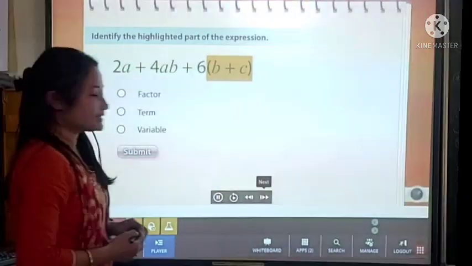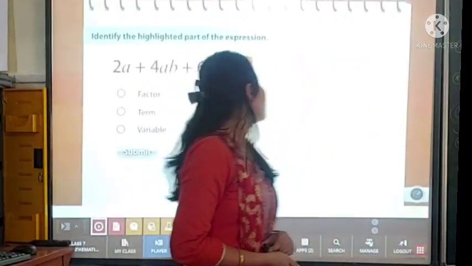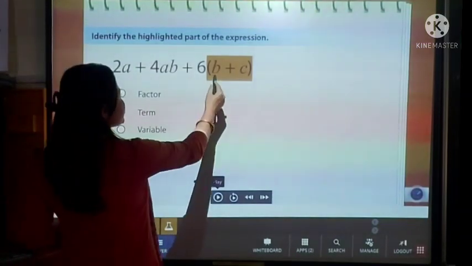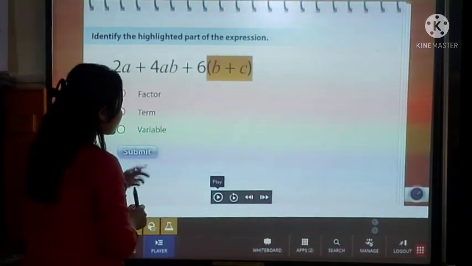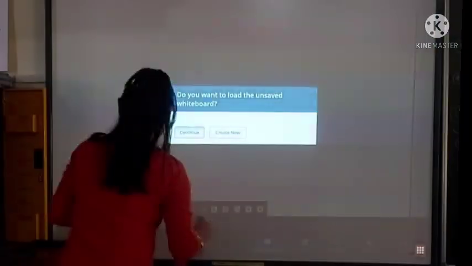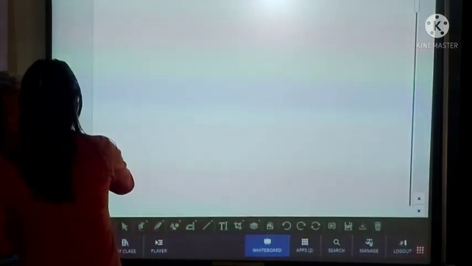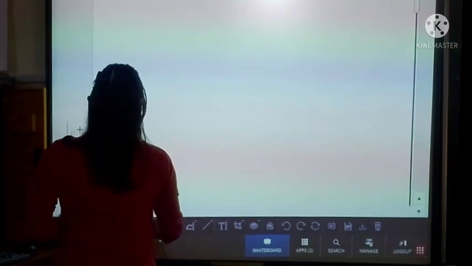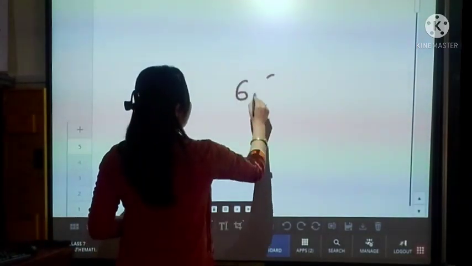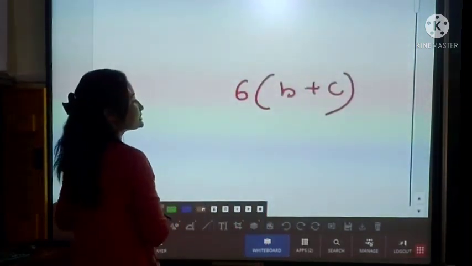So let's try the last question. This is the last question for this session. Identify the highlighted part of the expression. Here the highlighted part is b plus c. In the expression you see 6, then in brackets we have b plus c.